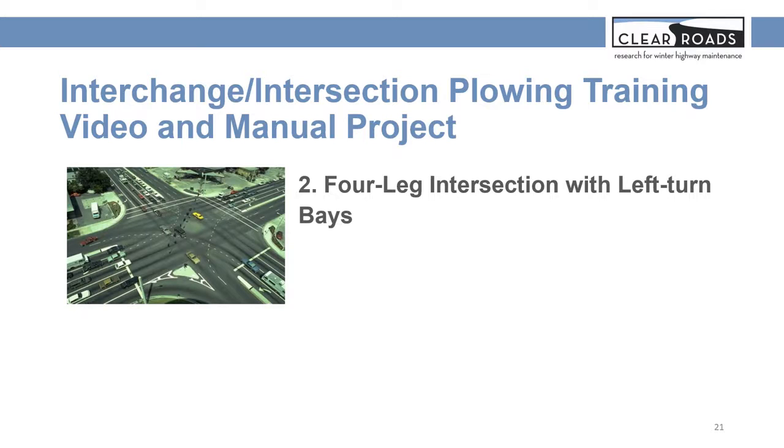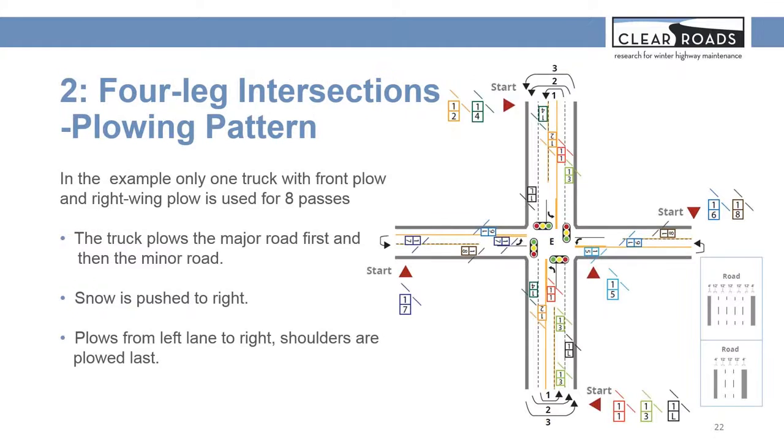The second one is the 4-leg intersection with left turn bay. In our example, we still use one truck, and it passes to clear this intersection. The truck crosses the major road first, and then clears the minor road.